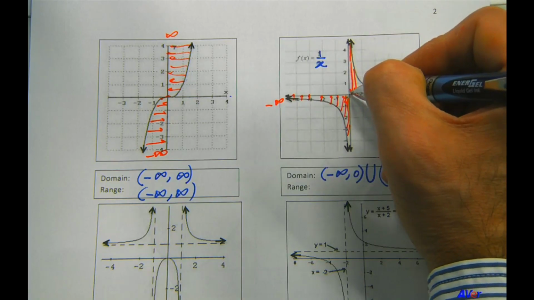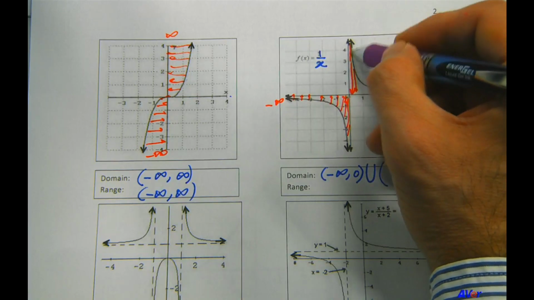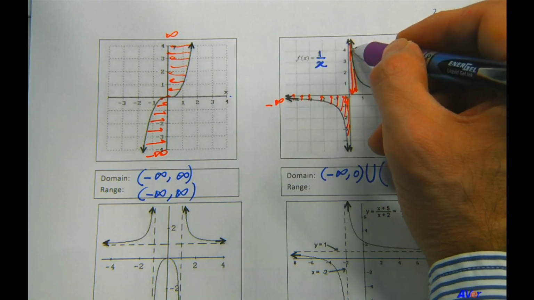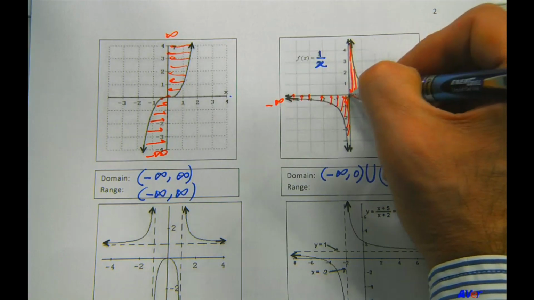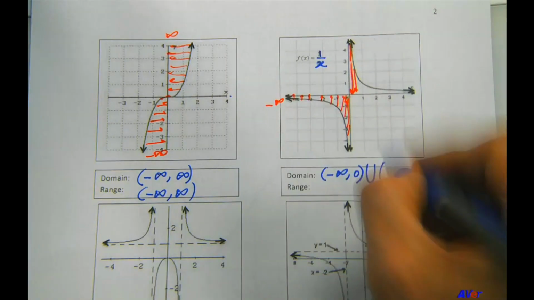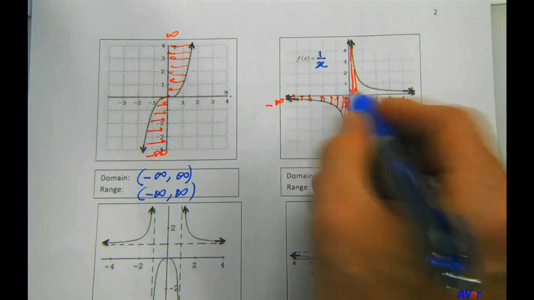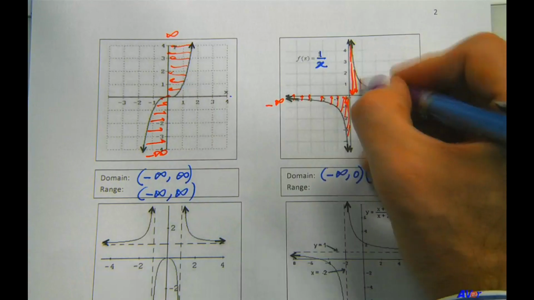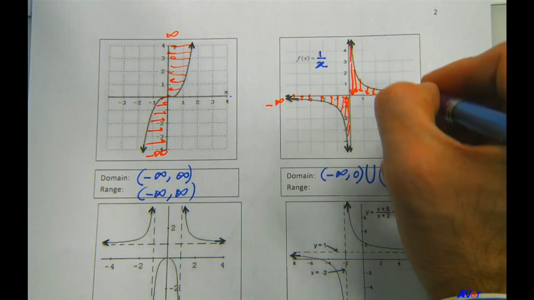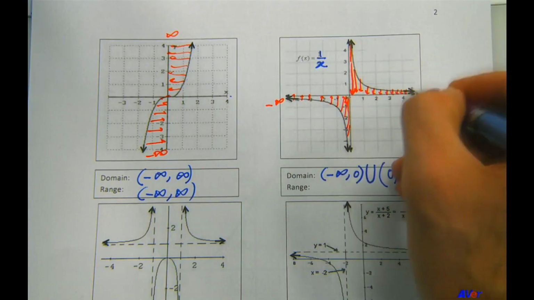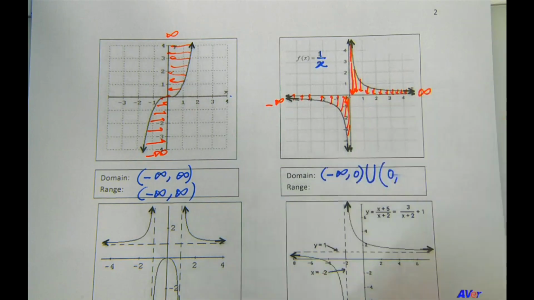Not at 0, because this is an asymptotic behavior, so it will never get to x equals 0, but we are near 0. So, parenthesis, 0. How about that side? How does it behave with respect to the x-axis on this side? Well, it's going toward positive infinity.